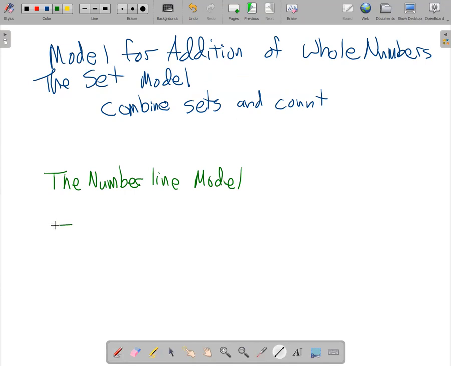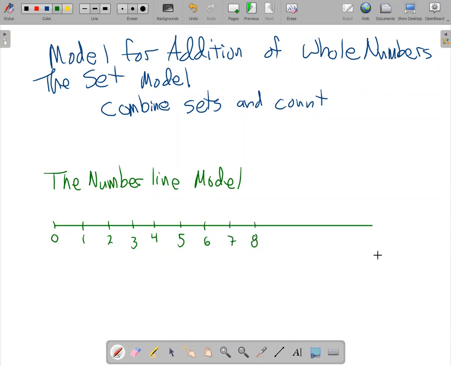And that's simply where we have a number line or a ruler where we clearly mark off whole numbers, starting with 0, spaced if possible, and so on. So a lot of times kids' desks will have a ruler that has their name on it, maybe that's in plastic or something.